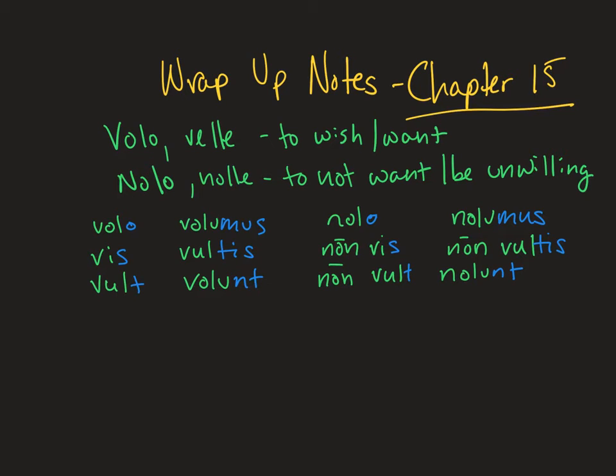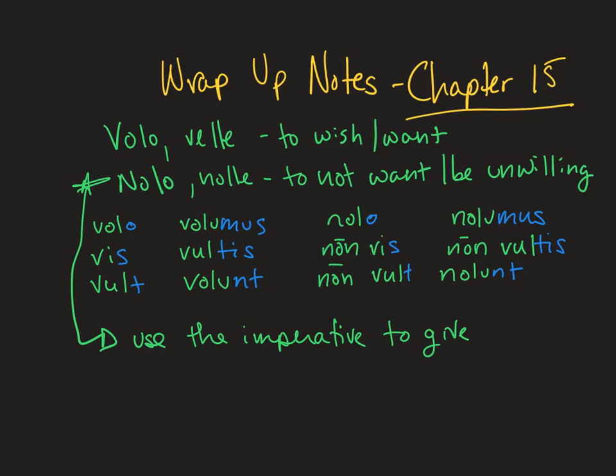All right, the other important thing to know about nolo is that we're going to use the imperative of nolo to give a negative command. You've already seen some examples of this in your book.